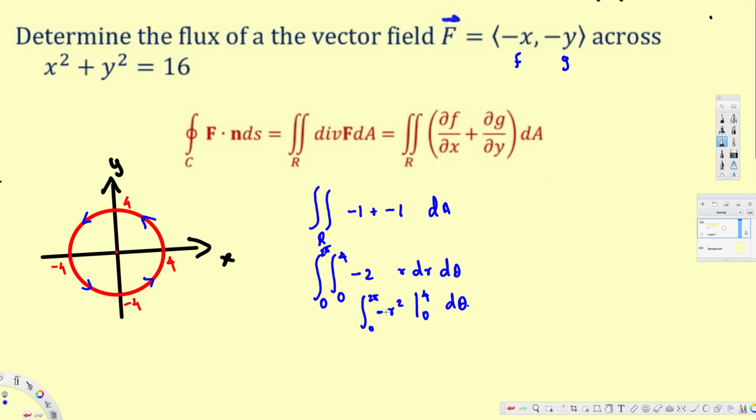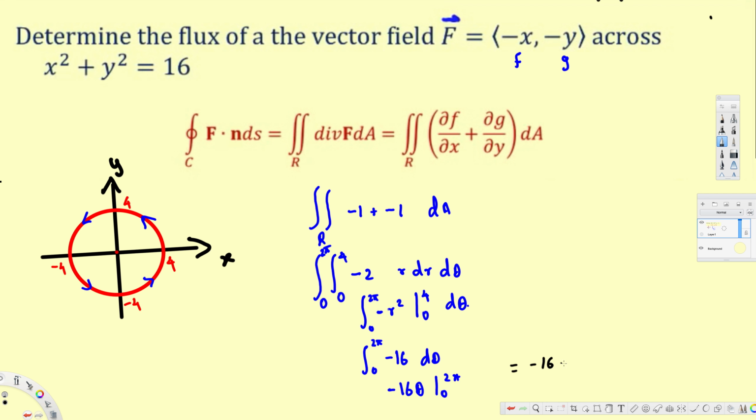If you plug in 4, this is going to be negative 4 squared, 4 squared is 16, so negative 16, and then 0 to 2 pi d theta. If we integrate with respect to theta, this is going to be negative 16 theta going from 0 to 2 pi.